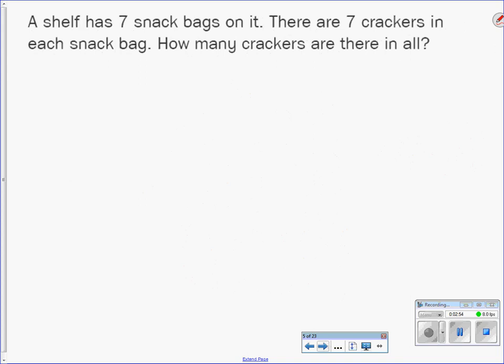Okay, the next one says I have 7 snack bags, and there are 7 crackers in each bag. Okay, so 7 bags, and that would be shown by rows, or you can do boxes or squares, 7, and then 7 in each row.